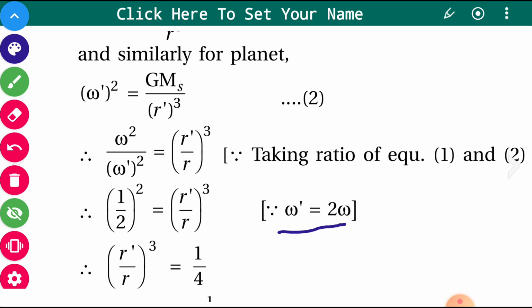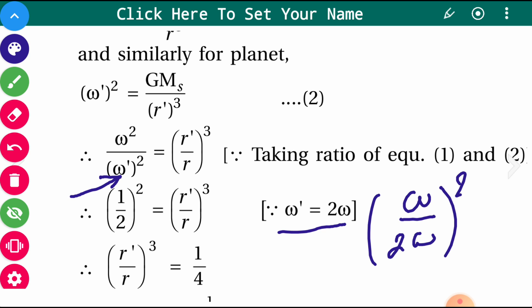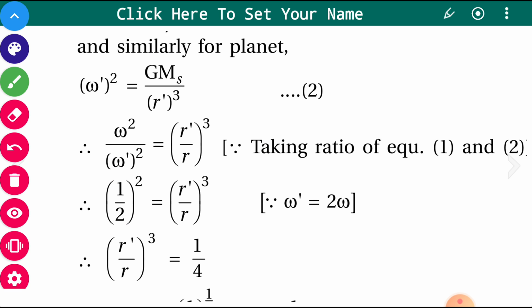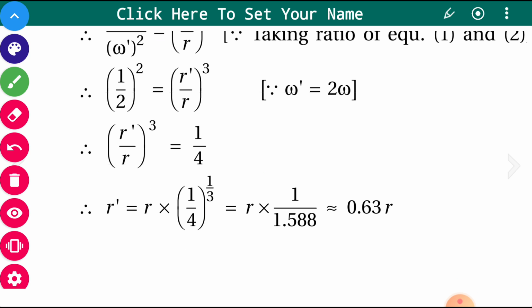So instead of omega prime we write 2 omega, then omega will be cancelled out, and we have omega upon 2 omega whole square, which is 1 upon 2 whole square, and on the right hand side it is r prime upon r whole raised to cube. Now r prime upon r whole cube is equal to 1 upon 4.